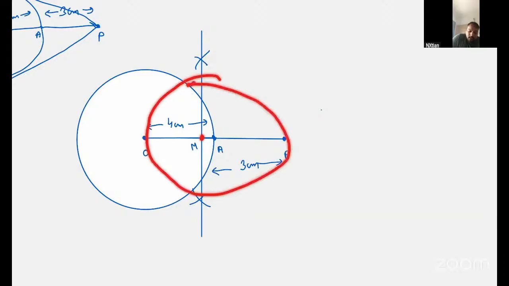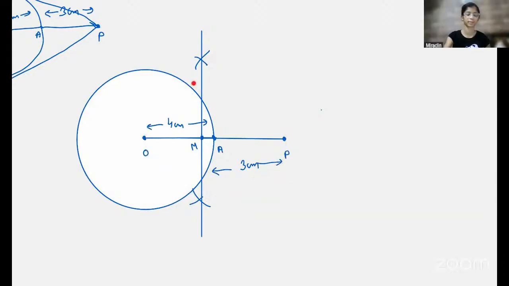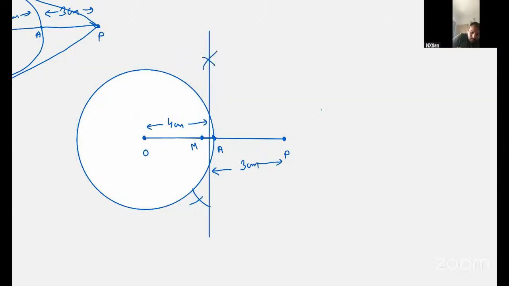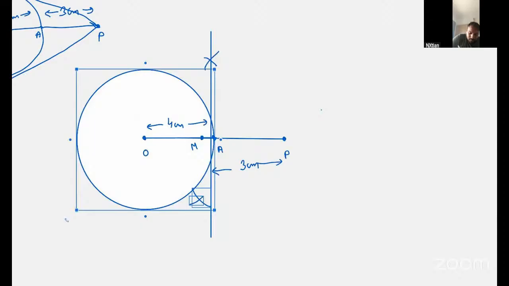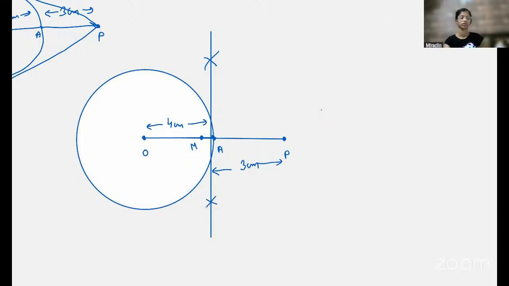Sir, how will you draw the circle? One second. I'm making the line. Yes, sir. I'm done. Now put your needle on M. This is the M point. So how should we make the M point?